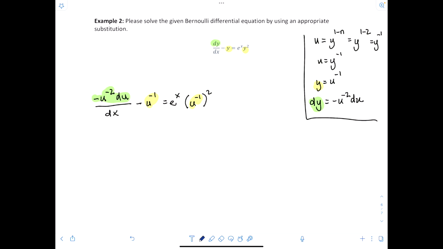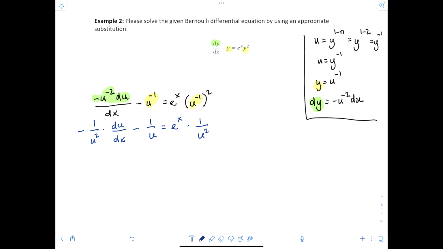And so I'm going to get rid of all these negative exponents. So we're going to end up with negative 1 over u squared times du dx minus 1 over u equals e to the x times 1 over u squared. Groovy?